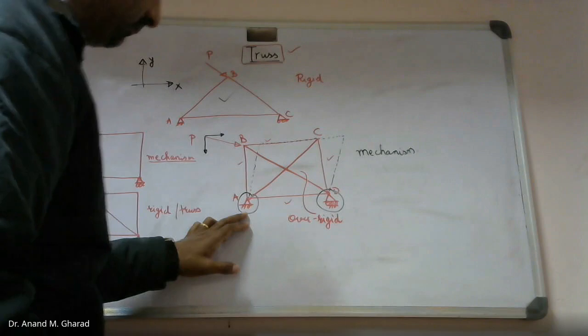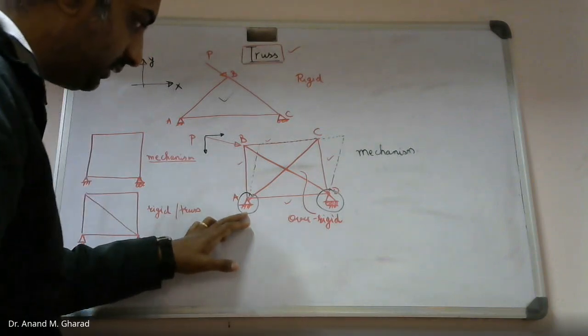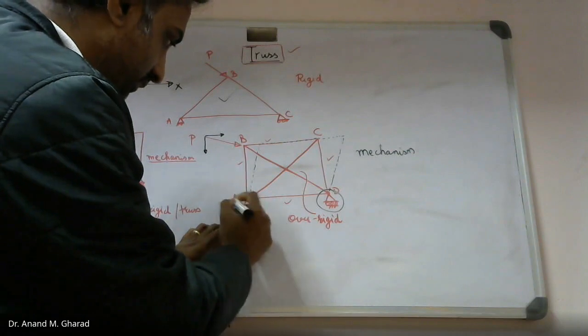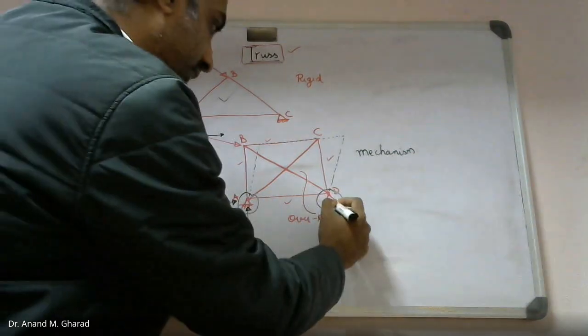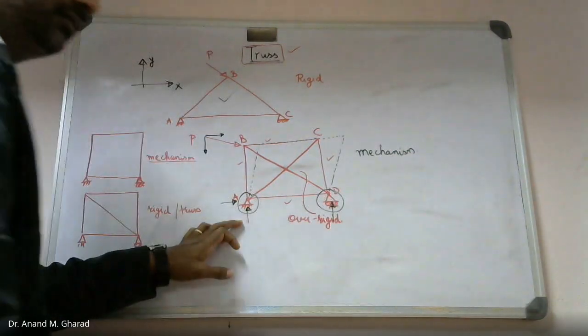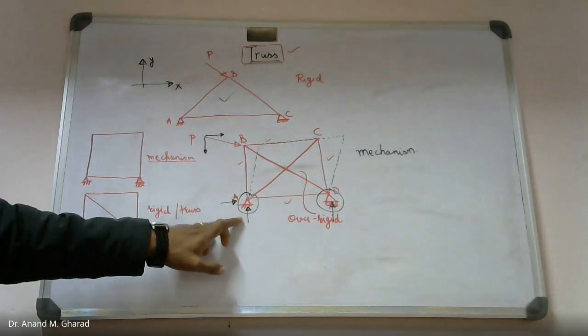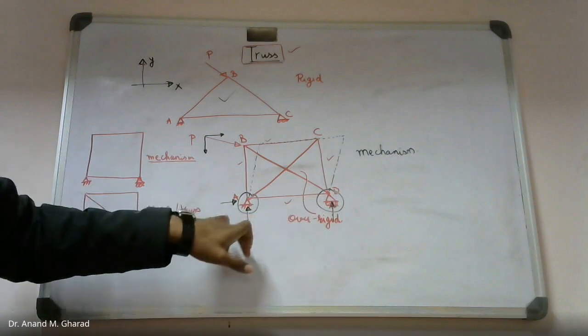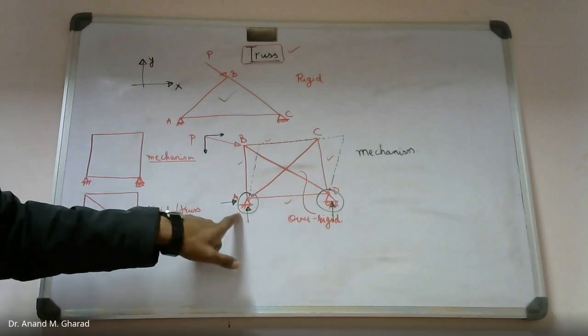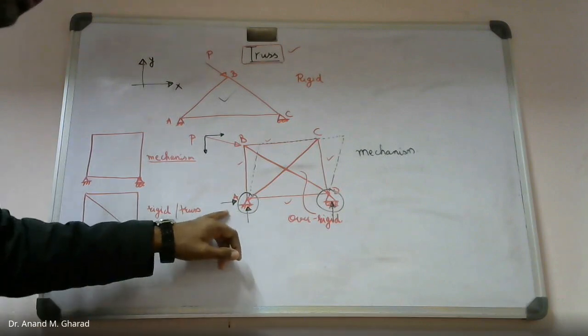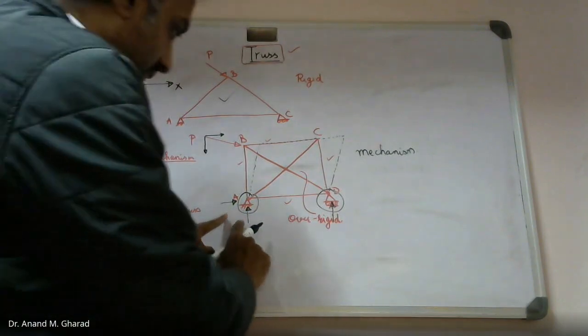Over here, how many reactions do you observe at point A? There will be two reactions, and at point D there will be only one reaction. These are unknown reaction forces developed at these supports. This is what we have learnt in our free body diagram concept: equal and opposite forces are developed.